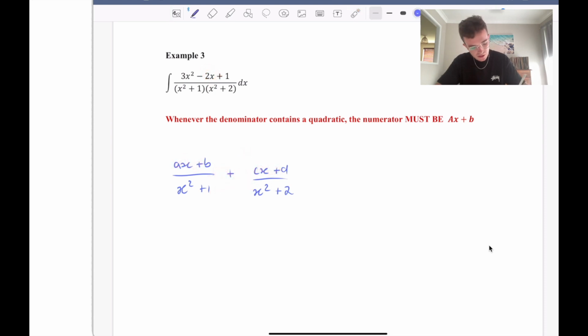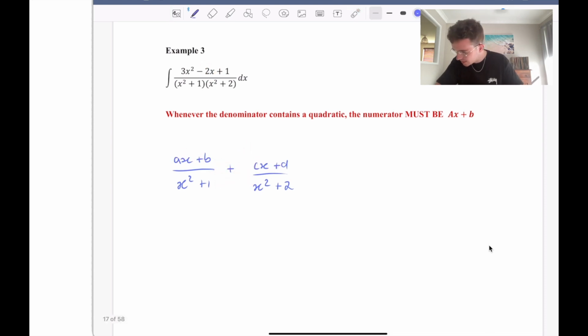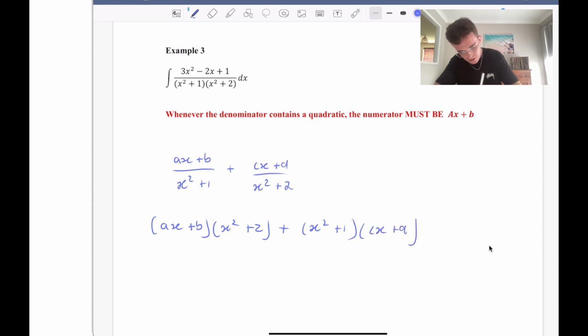So we need to do this, and it's going to take us a while, unfortunately. But we need to go, okay, (ax + b)(x² + 2) + (x² + 1)(cx + d), and that's going to be congruent to 3x² - 2x + 1.